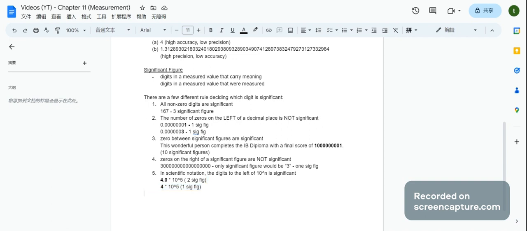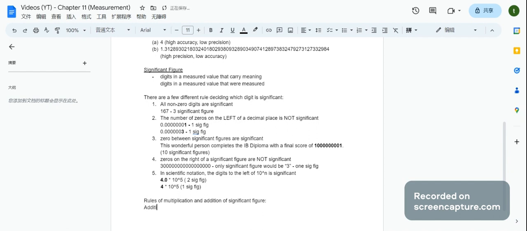But before that, I find out that we still need to talk about some rules of multiplication and addition of significant figures. The addition and subtraction rule is a bit different from multiplication and division. So we are going to talk about addition and subtraction first.